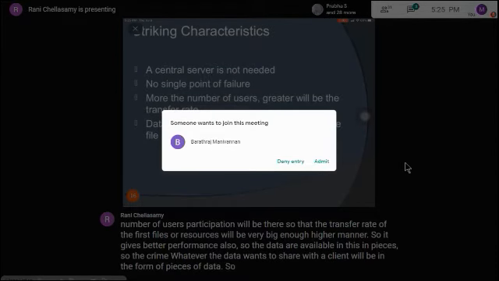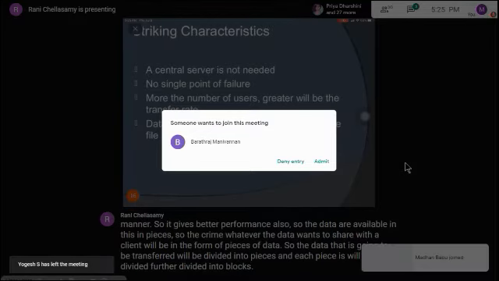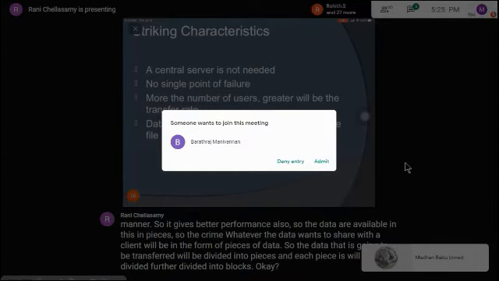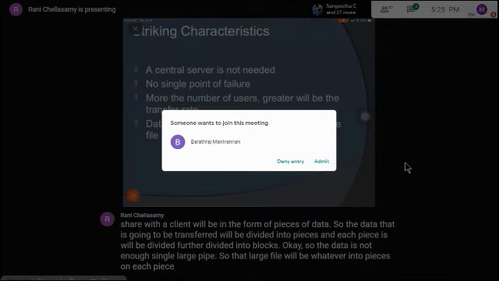The data that is going to be transferred will be divided into pieces, and each piece will be further divided into blocks. So the data is not in a single large file. The large file will be divided into pieces, and each piece will be divided into blocks.